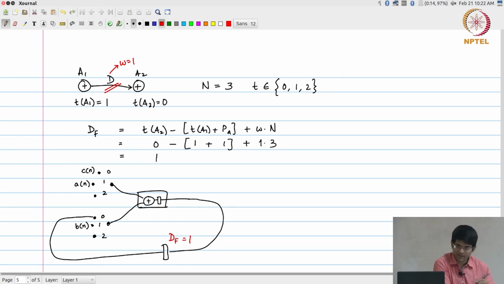Okay. So if we write out the time sequence saying these are the time instants at which the different a of n, b of n, c of n values are being generated and applied over here, right, correspondingly everything will change.